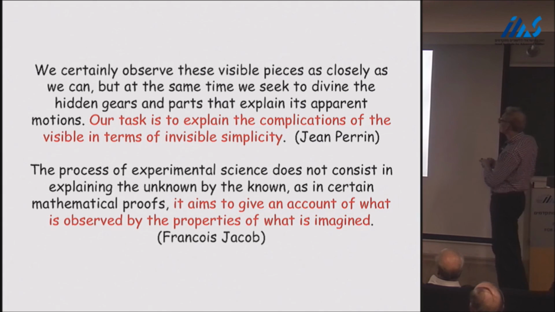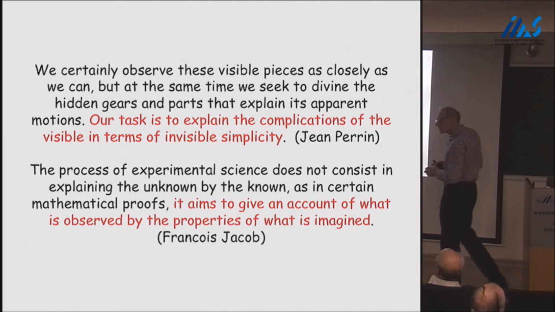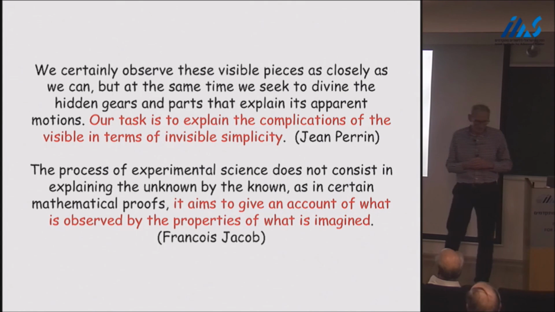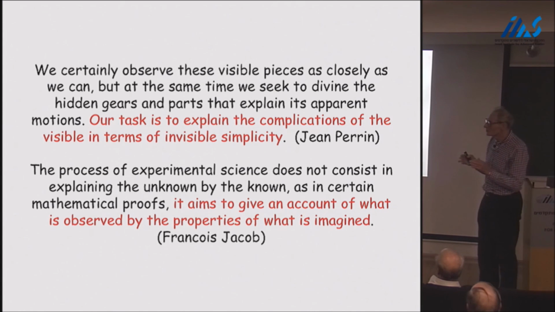At the beginning of his great book, Atoms, he says: we certainly observe these visible pieces as closely as we can, but at the same time we seek to divine the hidden gears and parts that explain its apparent motions. Our task is to explain the complications of the visible in terms of invisible simplicity. Loop extrusion is simple, it's invisible.